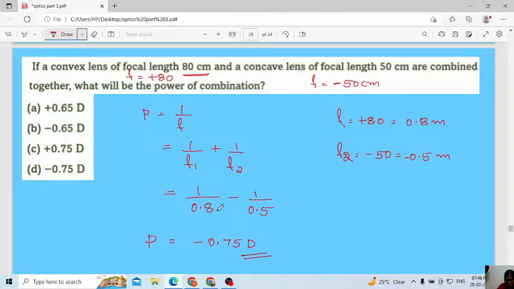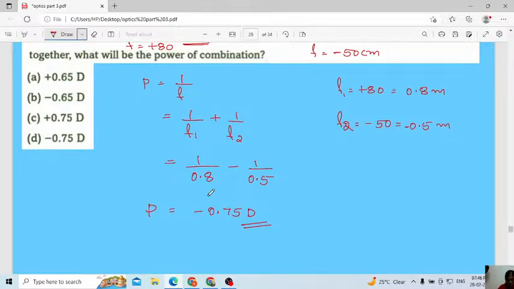You will get the minus sign from the bigger one. Here you have to remember the focal length of a convex lens is positive, focal length of a concave lens is negative. Then focal length you can add. Okay, then you will get the answer.